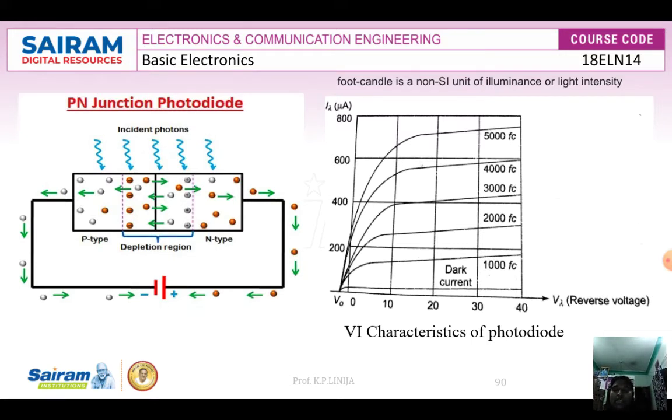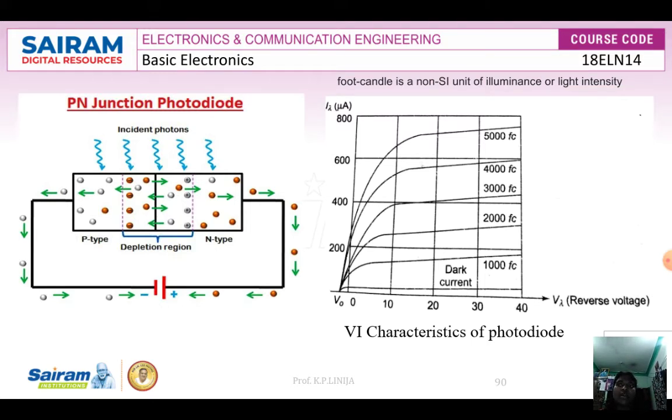Here the incident photon is represented by the blue color marking. After getting some energy, the ions migrate towards the p type as well as the n type. Now due to the increase of minority carriers, the reverse current increases, which is nothing but a photocurrent.